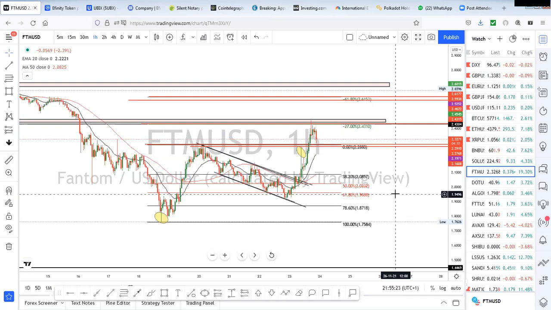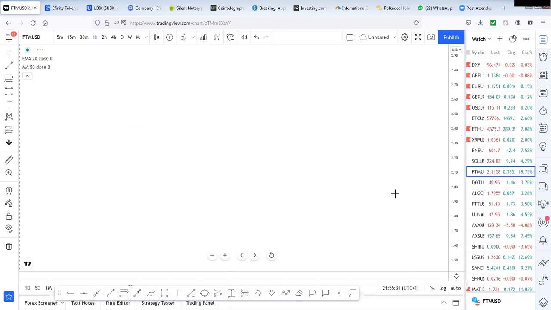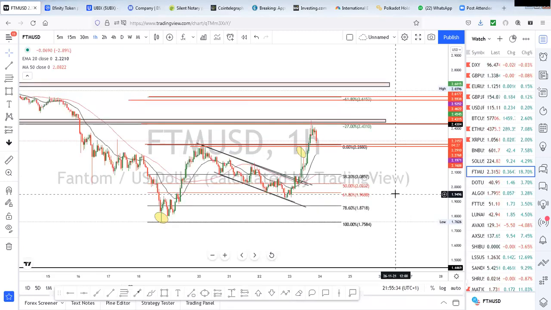Let me give you a tip. You know why people lose money on futures? Because they tend to chase everything in the market. They tend to chase every coin. If you can have 2 or 3 coins that you'll be doing analysis on, like this FTM now.